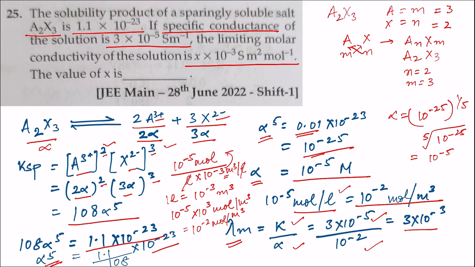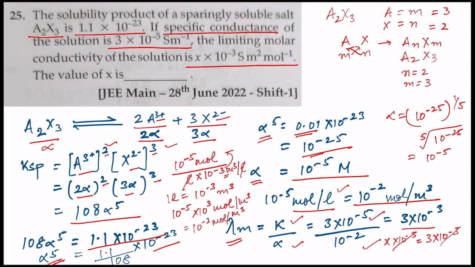But the value given in the question is x into 10 to the power minus 3. So x into 10 to the power minus 3 is equal to 3 into 10 to the power minus 3. So 10 to the power minus 3 cancels and the value of x is equal to 3. So the value of x is 3.